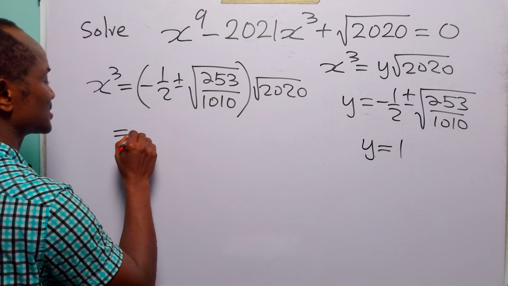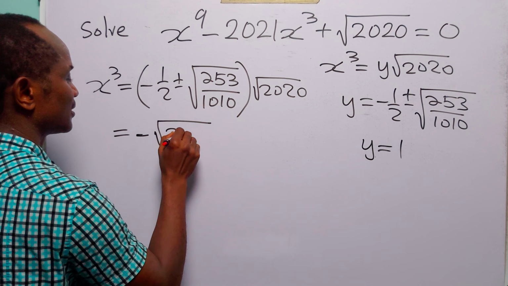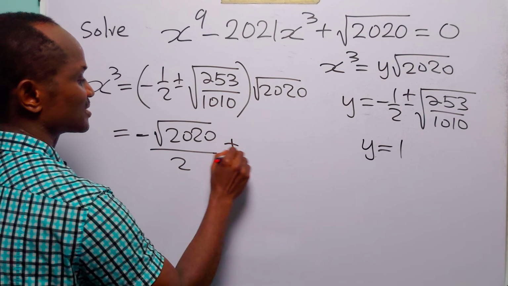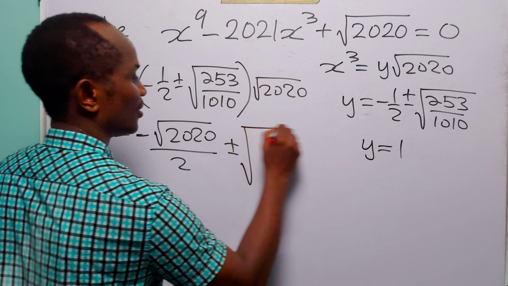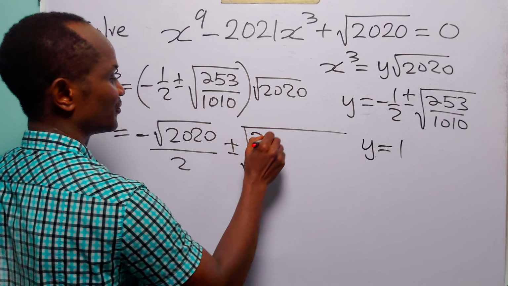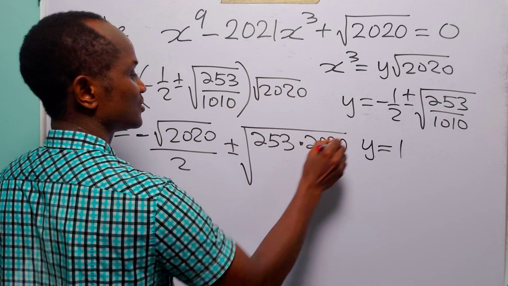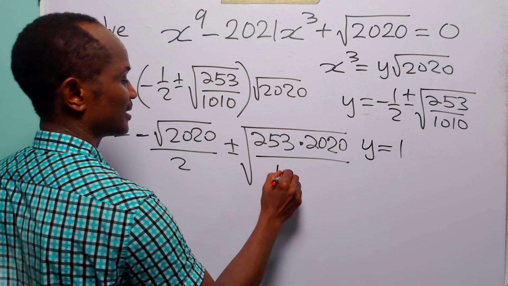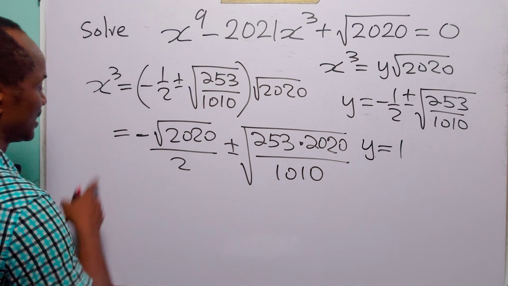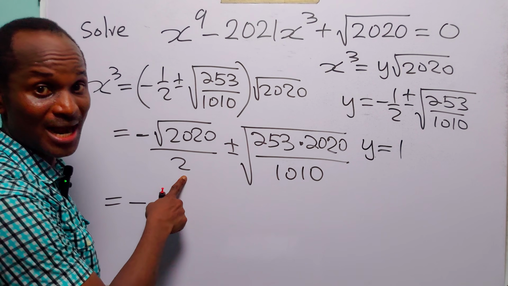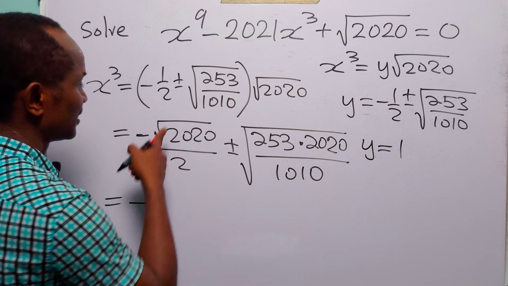Now, opening this bracket, we have that x cubed is equal to minus half times root 20, that is minus root 20 over 2 plus or minus root 253 times 20 divided by 10. Now this is equal to minus, you know that we can write 2 as the square root of 4.